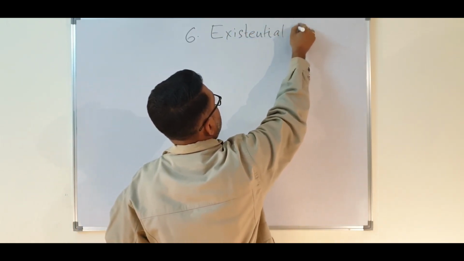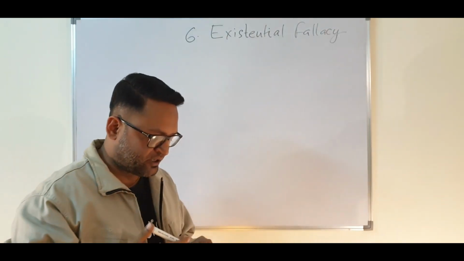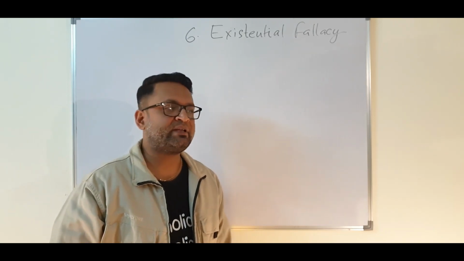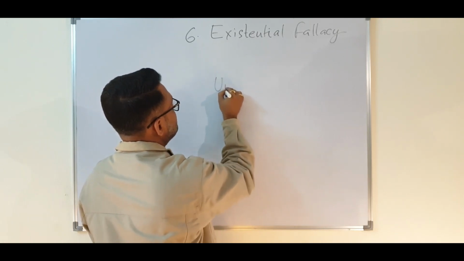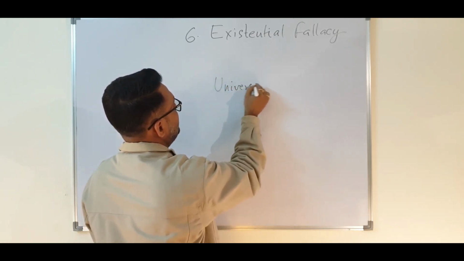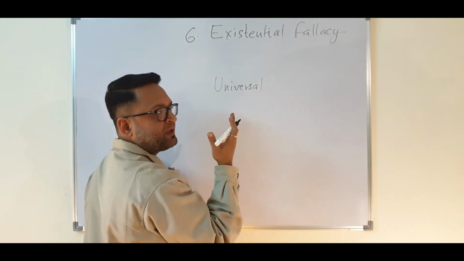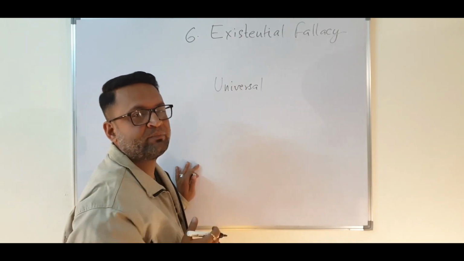Existential fallacy says that a particular conclusion does not follow out of two universal premises. It means that if both the premises are universal, whether they can be A and A, or A and E, or E and A, because EE cannot come, since then it will break the fourth rule.